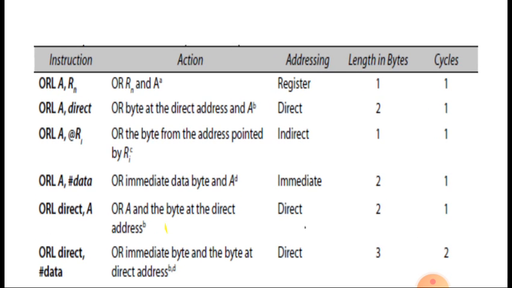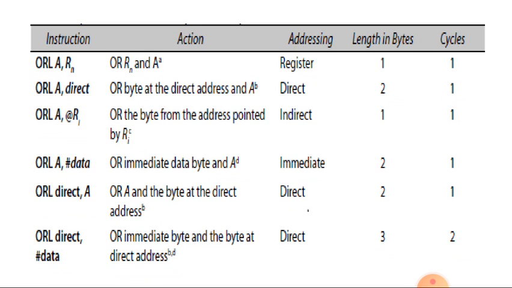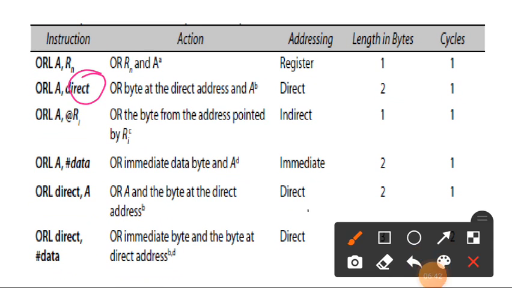So here ORL A, direct. The byte at this direct address is ORed with the accumulator content, and the result will be stored in the accumulator. Or ORL A, @Ri. So for example ORL A, @R1.